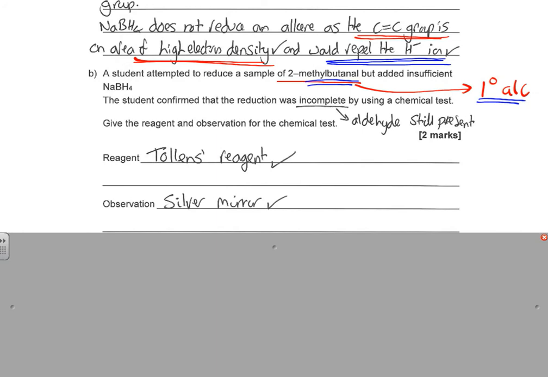Both of those chemicals, the reaction product and the aldehyde, would turn dichromate from orange to green. So if you put that as an answer and wondered why it was incorrect, it's because the chemical you've picked reacts with both. For a chemical test, we need a reagent that reacts with only one of the chemicals we're trying to identify. And if it's an aldehyde, Tollens' or Fehling's would be the way forward.